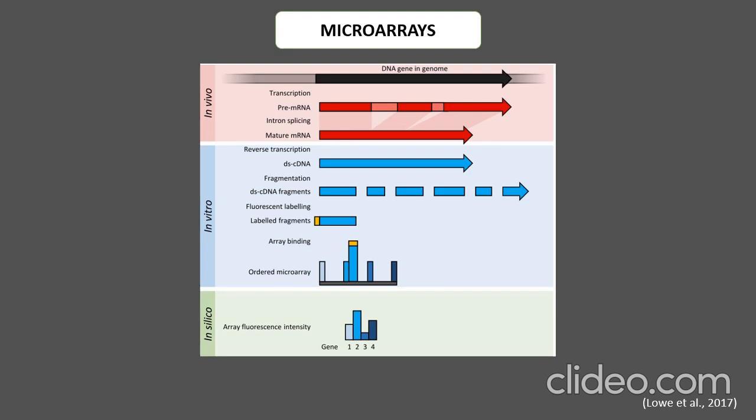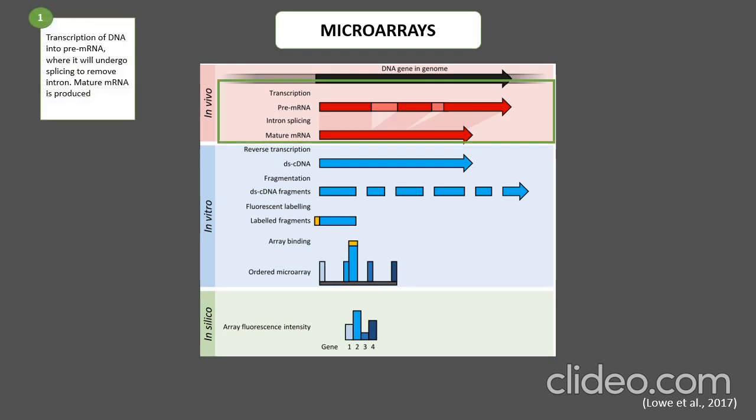In silico is a step of analysis that is done through a computer. The first step of microarrays occurs within the organism itself, where the DNA will be transcribed and spliced to produce a mature mRNA that consists only of exons.